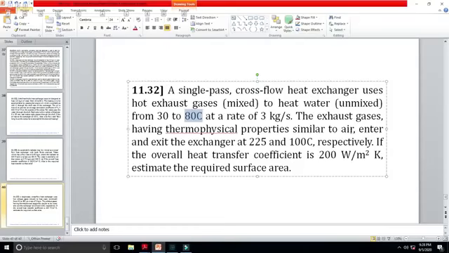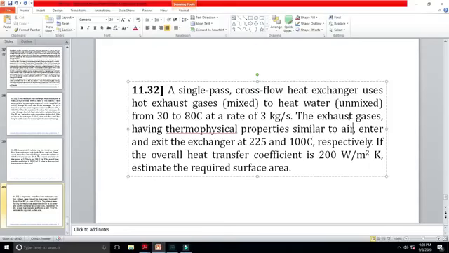So we may use the properties of air in place of the properties of exhaust gases, which you would have realized in other courses as well. Because sometimes we take gamma for air as 1.4 and we take the gamma of exhaust gases as 1.33. So there are several properties which are close to each other.